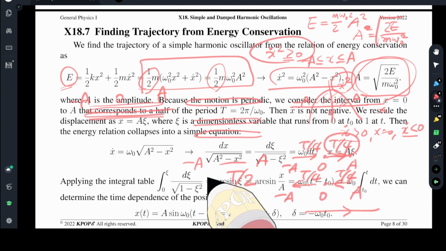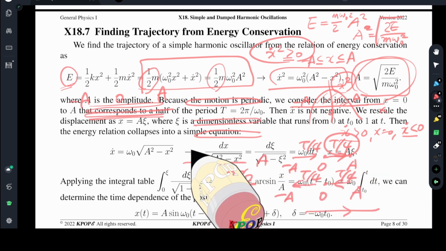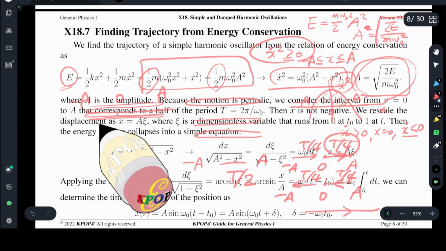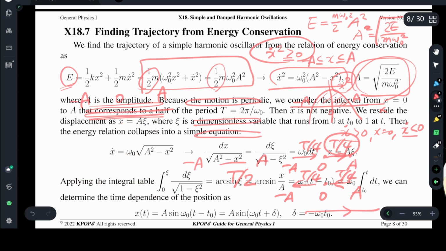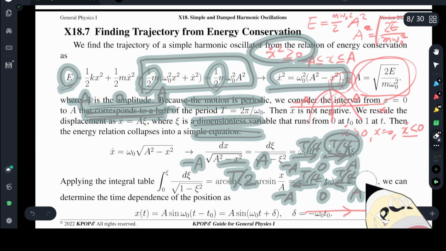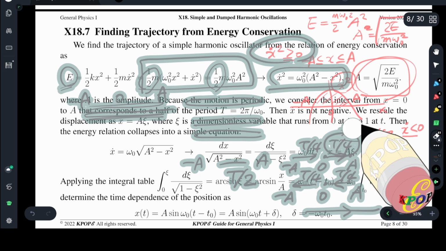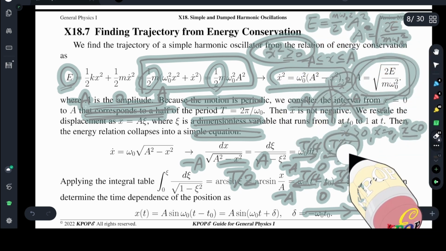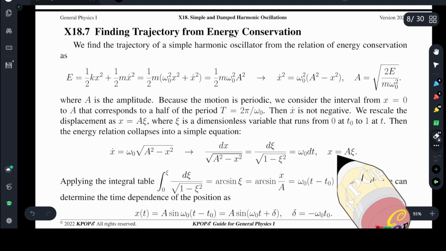So we simplify our analysis by restricting ourselves to the case where the velocity x dot is positive and find the multiples, if we are interested in the period only.